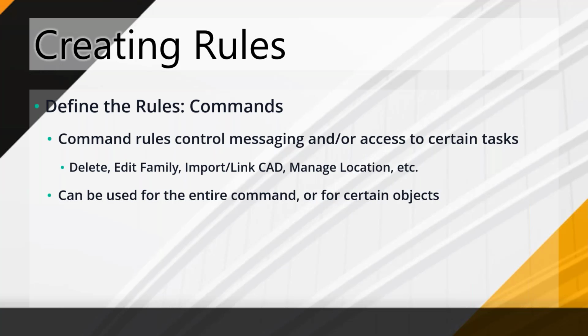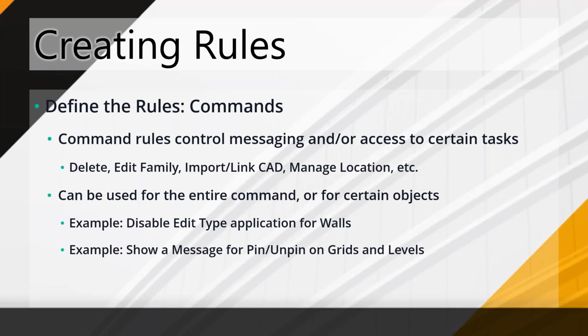Or do we want to set it up for certain objects, like deleting a floor, or deleting a Revit link, or editing a window family, or maybe in-place families is a thing. You don't like people modeling in-place families, especially for casework, right? We can specify a rule for that. Or edit type on walls, like I said. And it can be a message.